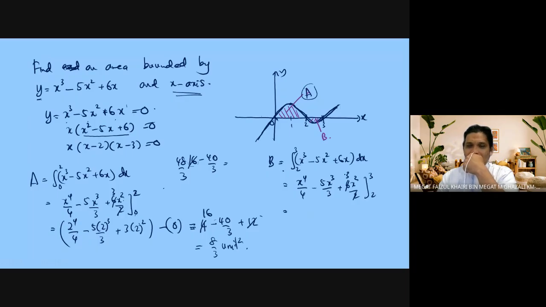Begin with x equal to 3: 3 to the power of 4 over 4 minus 5 times 3 cubed divided by 3 plus 3 squared, minus, and then 2: 2 to the power 4 divided by 4 minus 5 times 2 cubed divided by 3 plus 3 times 2 squared.